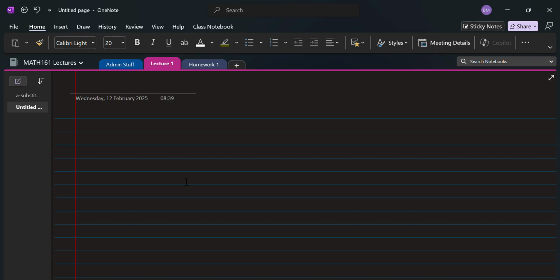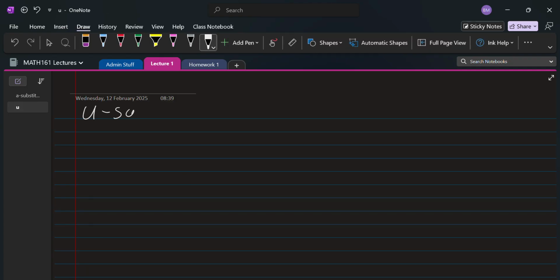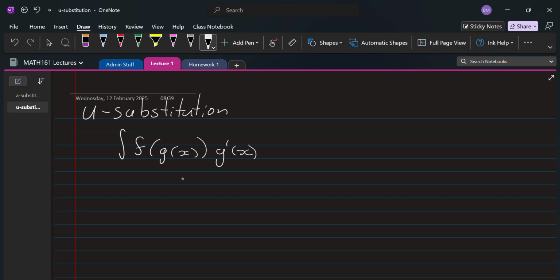Okay, so use substitution. Remember from last time, we had this integral f of g of x, g prime of x dx. We had some outside function f, some inside function g. It looks a bit complicated like this, but if we use substitution, u equals g of x, then du becomes g prime of x dx.